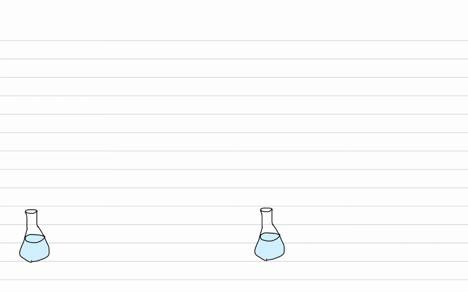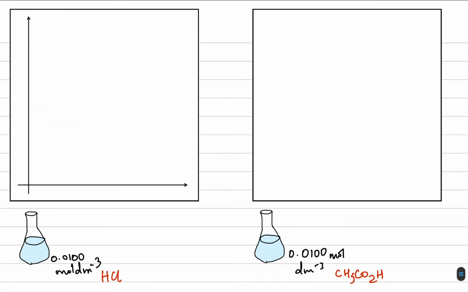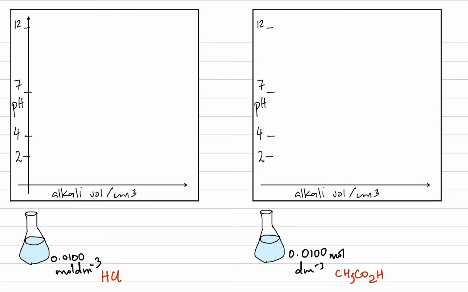So let's have a comparative analysis right now. Let's say you have a very dilute HCl solution on one side and an equally concentrated volume of a weak acid, let's say ethanoic acid. In both scenarios, I'm going to be adding sodium hydroxide, so I am drawing two graphs here.